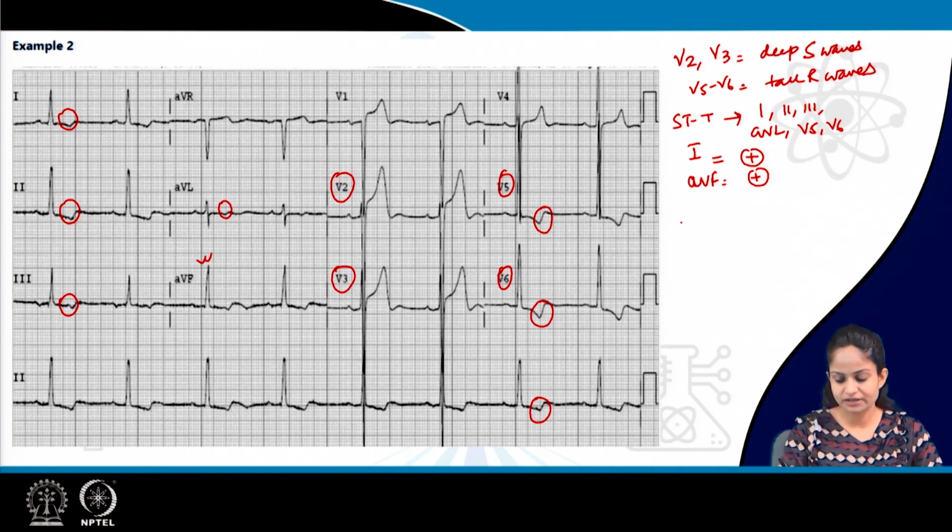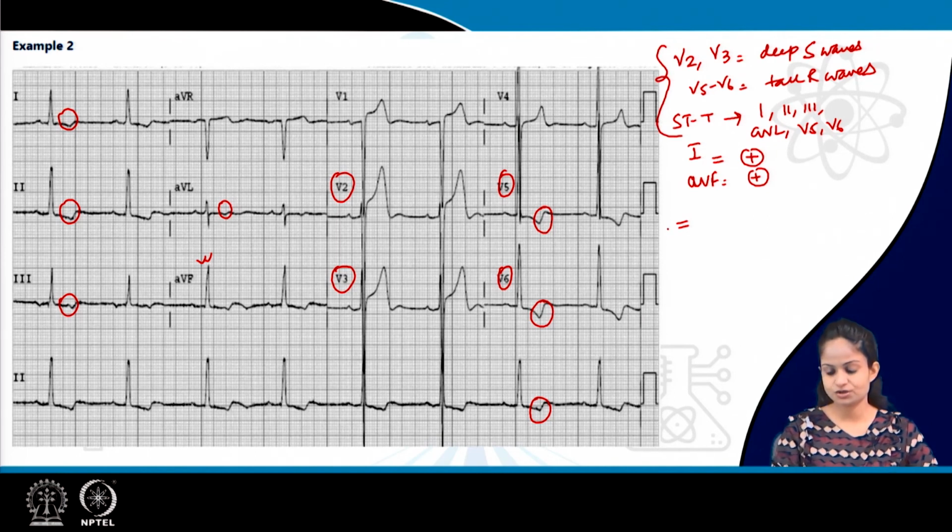So, here we will not be getting the left axis deviation, though we do not always get left axis deviation. But yes, because of the above changes in V2 and V3, V5, V6 and ST changes, also there is wide QRS in case of V5 and V6.